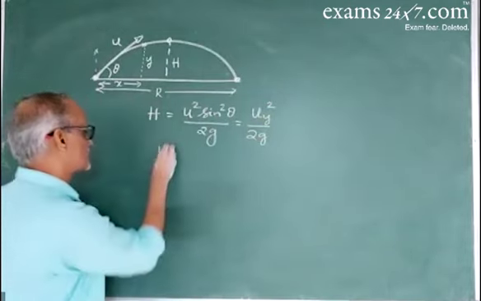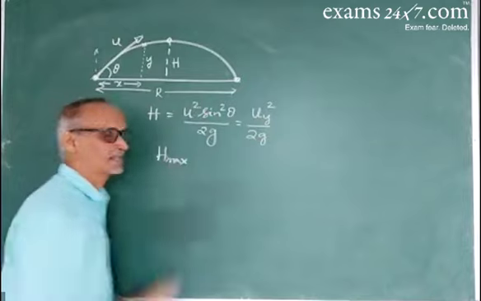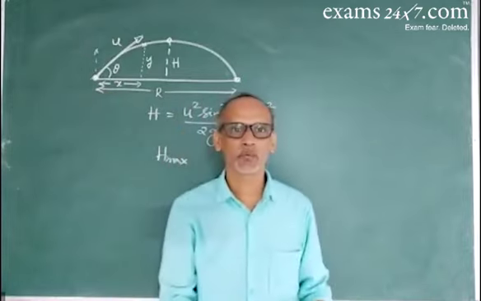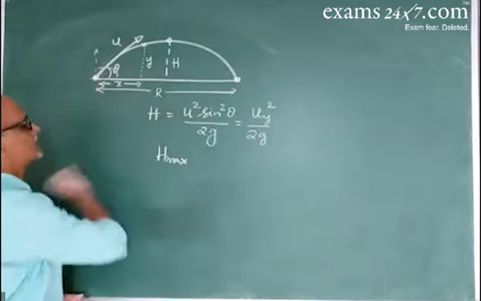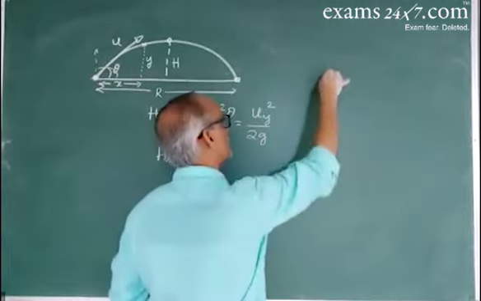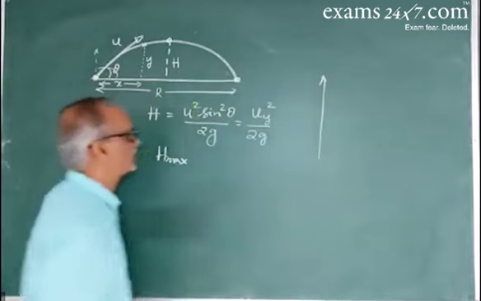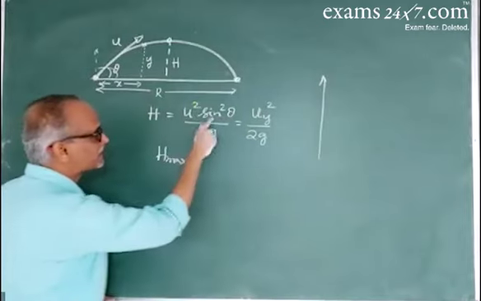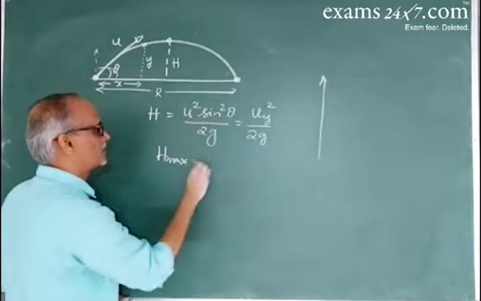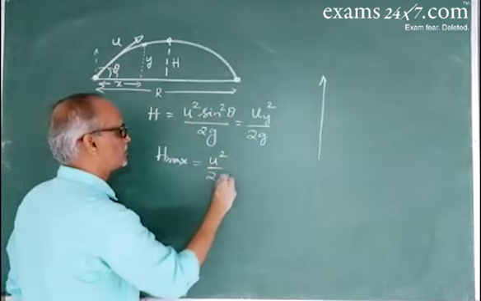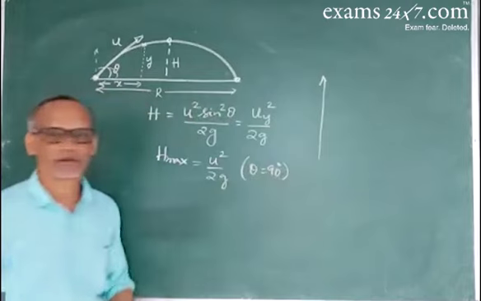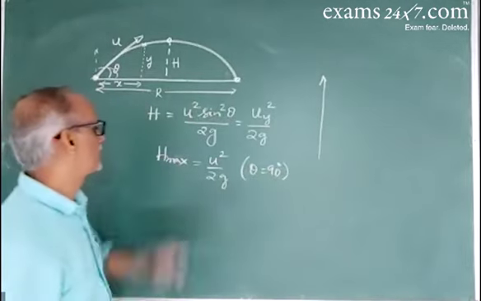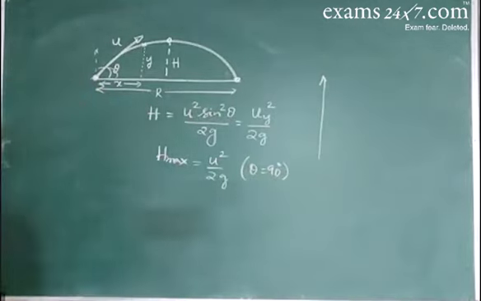And H is maximum when the projectile is projected vertically upward, that is theta is 90. So when theta is 90, the projectile will move upward like this, thereby it reaches the maximum height. And when theta is 90, this term becomes 1, so we get u square by 2g. So this is when theta is equal to 90 degrees. So that's the maximum height covered by the projectile.